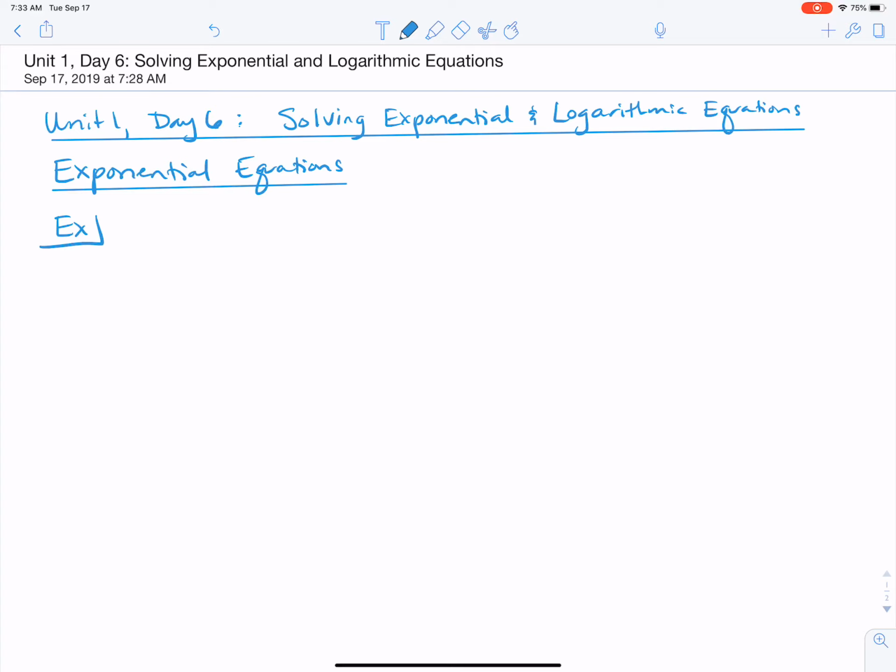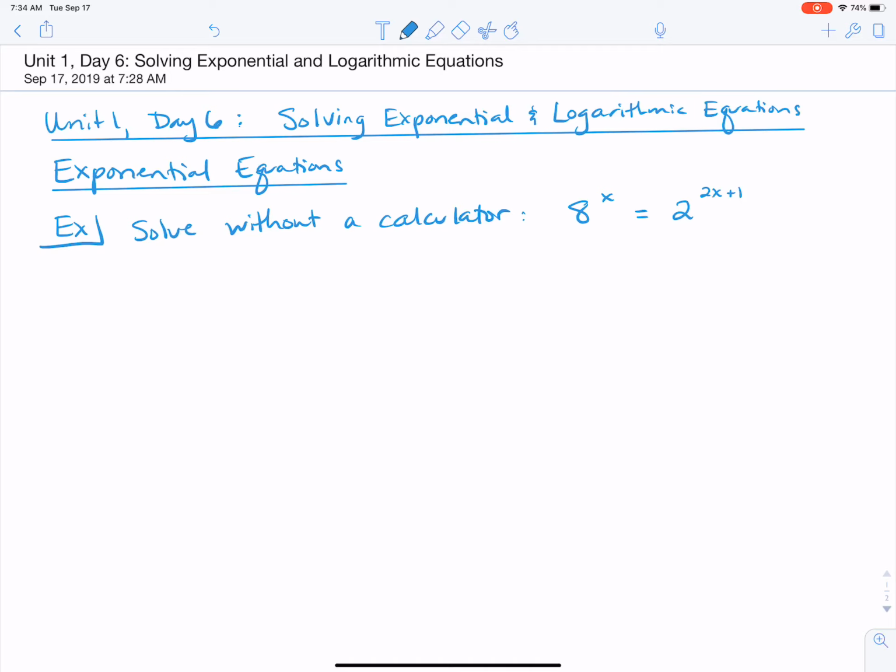The first type of exponential equation that you could have would be one that says solve without a calculator. Okay, and it would say something like 8 to the x equals 2 to the 2x plus 1, something like that.